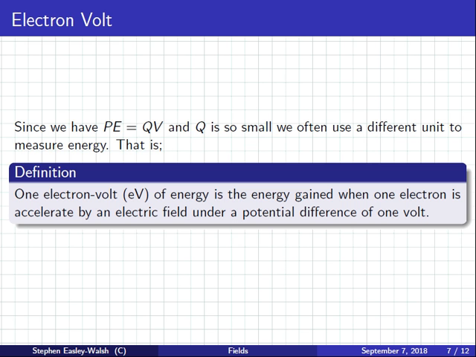So electron volt is a very, very, very small unit of energy. That's the point here, okay? It measures a very small unit of energy.